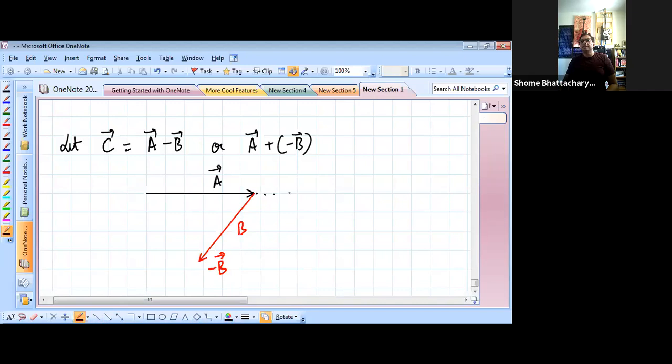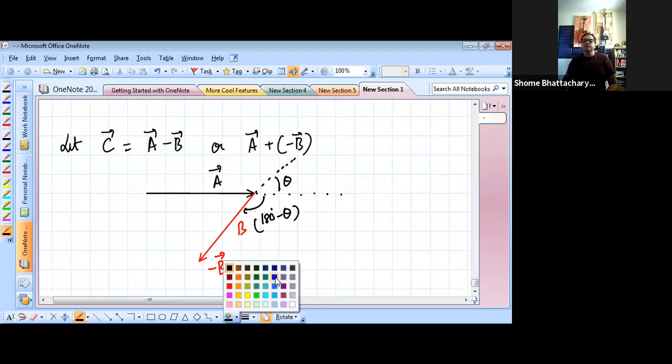So this is the direction of A. So this angle is how much? It is 180 minus theta. Because remember, originally B was in this direction and this angle was theta. So this angle is 180 minus theta.